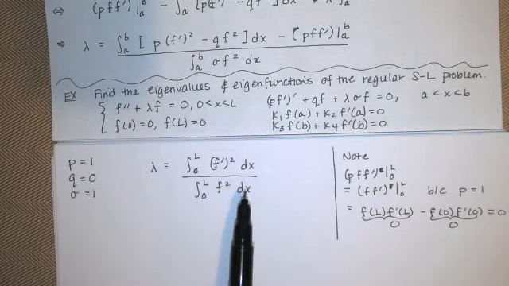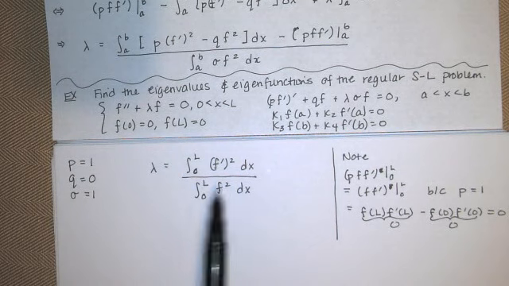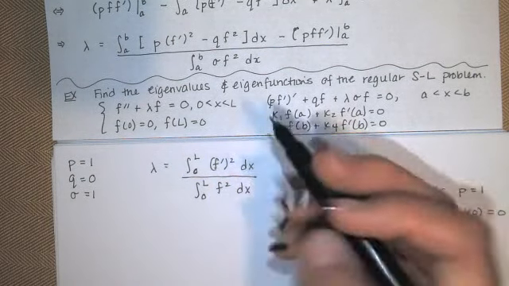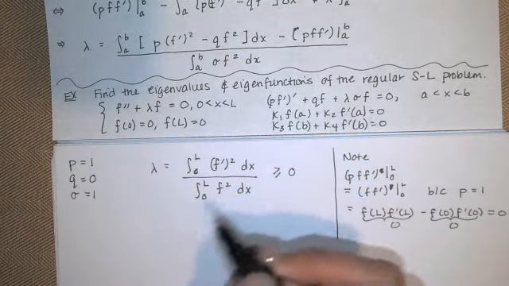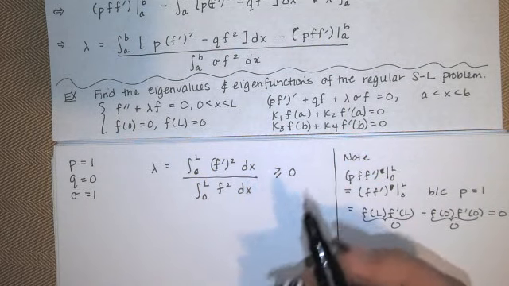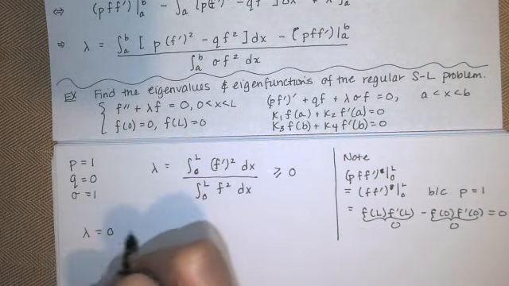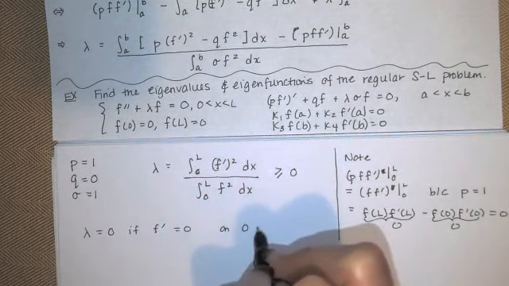Since those are non-zero solutions, f squared is certainly positive, and that means that integral is certainly positive. So we can just look at this and tell that lambda would have to be greater than or equal to 0. But notice that the only time that this would equal 0 is if f prime is equal to 0 on the interval from 0 to L.